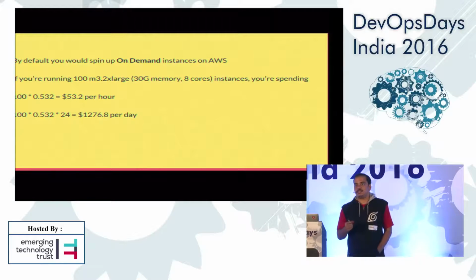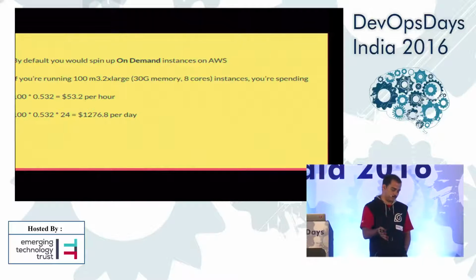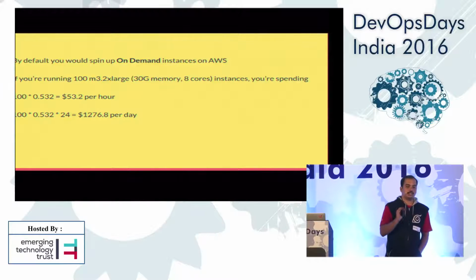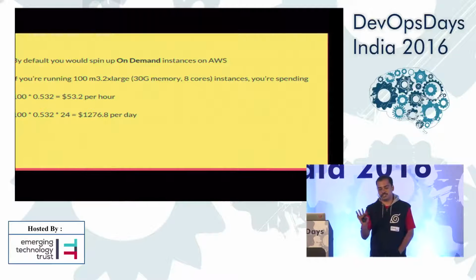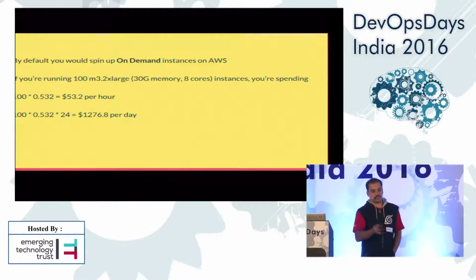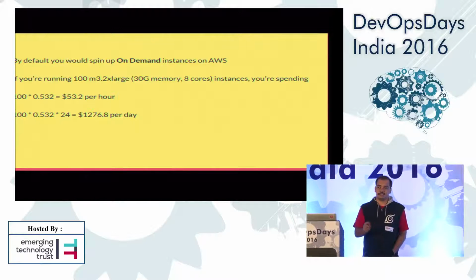That means you pay on an hourly basis for the instances you use. To give you some numbers, say you're running an M3.2XL, an instance type on AWS that has about 30 gig RAM and 8 vCPUs. You would be charged around $53 an hour. For a day, that's $1,200 plus. Running it over a month, you pay $36,000.